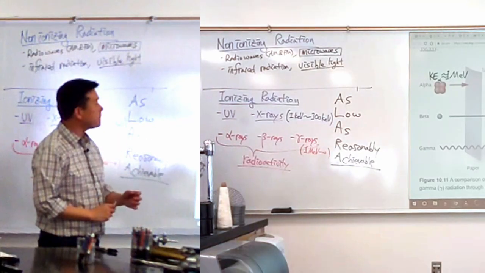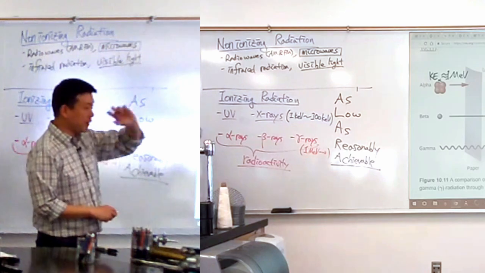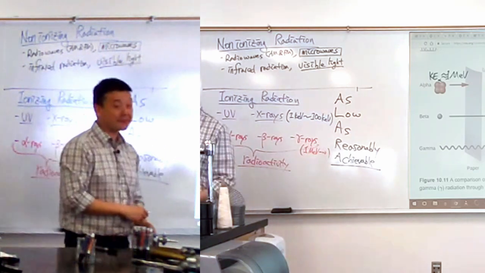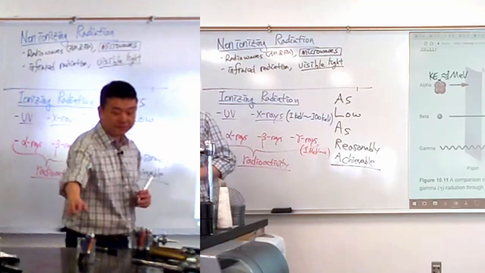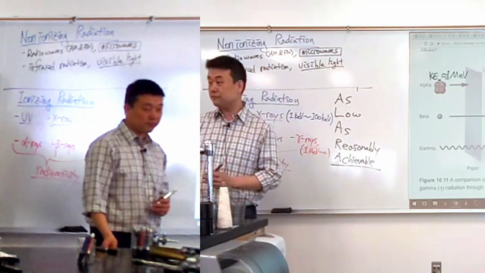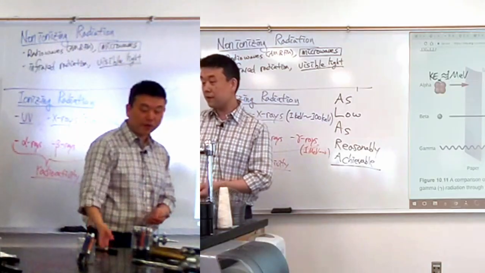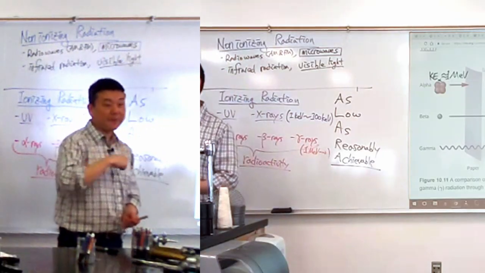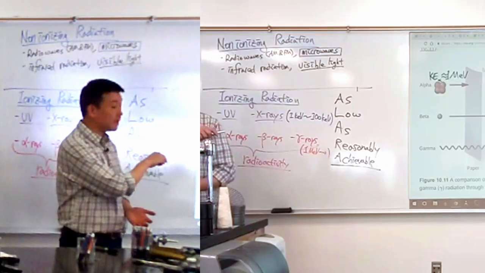But the picture flips around the moment the alpha ray source is on the wrong side. As long as it's outside my body, it's one of the safest things to handle. We just don't get too close to it, or if you have to handle it, you wear a glove. The moment it's inside my body, it's the most dangerous thing.